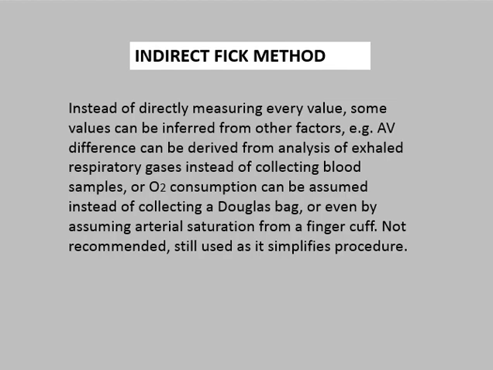For example, the AV difference can be derived from analysis of exhaled respiratory gases instead of collecting blood samples, or O2 consumption can be assumed instead of having to collect a Douglas bag, or even by assuming arterial saturation from a finger cuff. Not recommended, but this is still used as it still simplifies the procedure and makes it available to other operators.